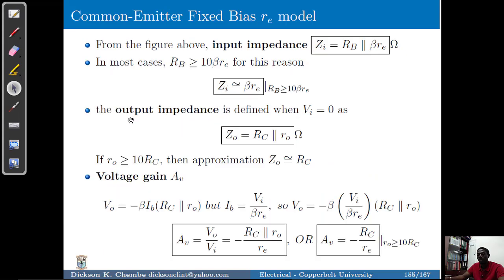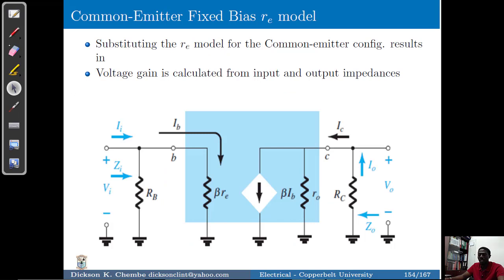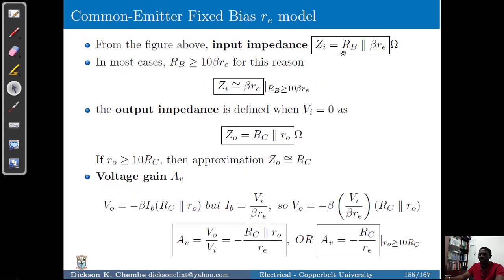If we go from the equation, from the table that you saw, the input impedance is obtained by looking at the two variables that are parallel to each other here. So we can calculate the resistance. RB is going to be parallel to this resistor, which is beta RE, and that is the input impedance.